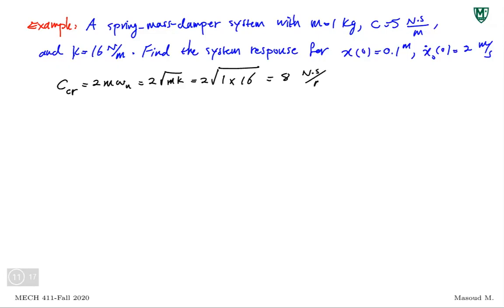It's a damping, so Newton second per meter. So we have the value of critical damping. We have the value of damping, right? That's where we start. You want to know what type of system. Is it critically damped, overdamped, or underdamped? So what kind of system is this? You guys tell me. What is the relationship between C and C critical right now?